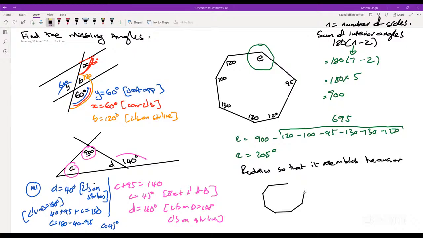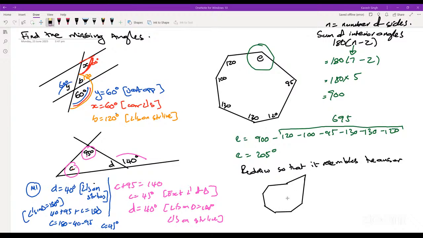And from here, this angle is going to go all the way up there, and this would go down like that. It has to end up at 205. 205 is over 180 degrees, so it goes past 180, a little higher.